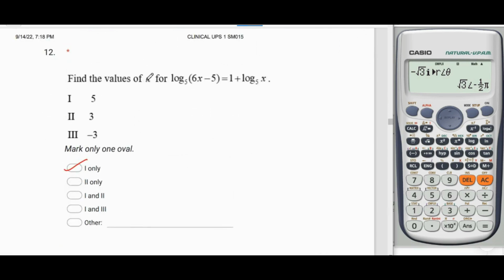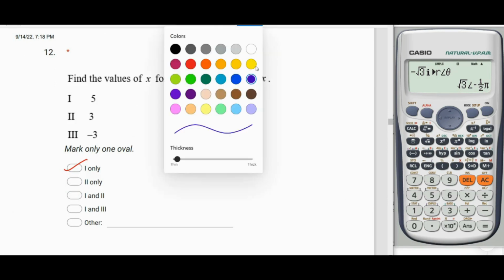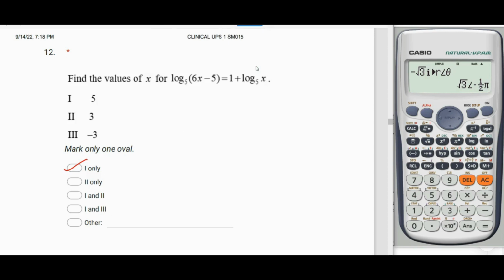Find the value of x for this log equation. So simplify it. First, we can see that this is log base 5 and the other log is also base 5. I can move it to the left hand side so that log minus log, we can simplify to a single log, where the items the logs carry will be divided.